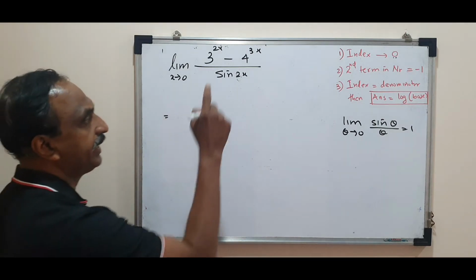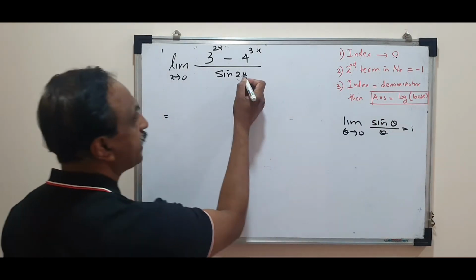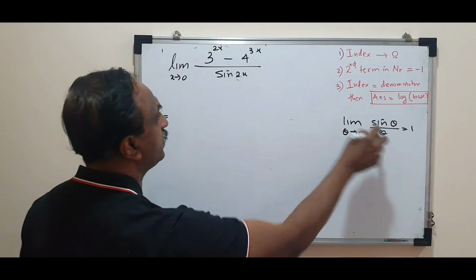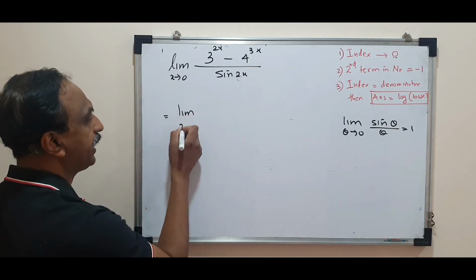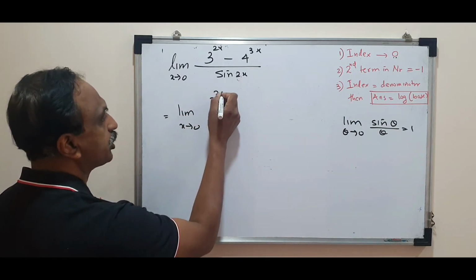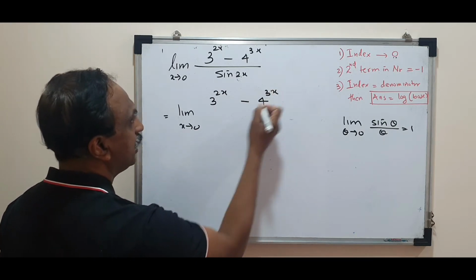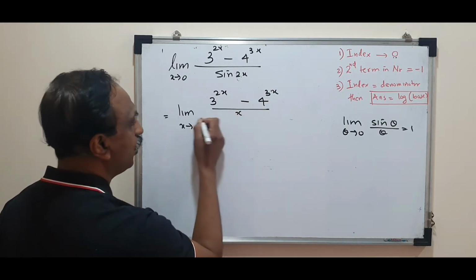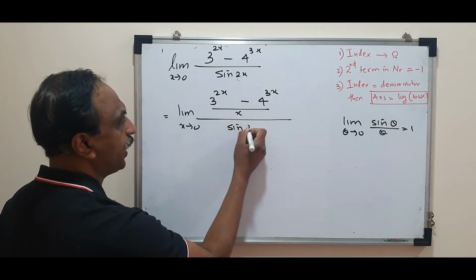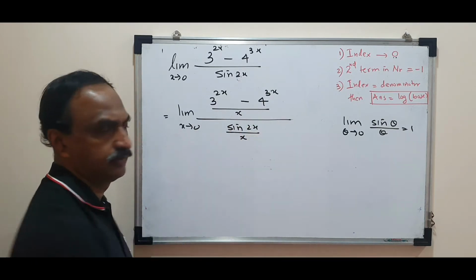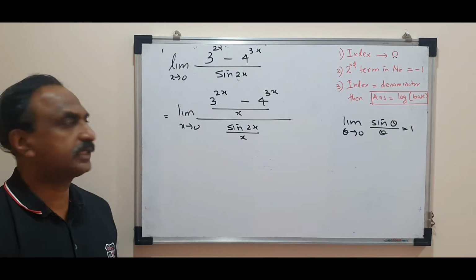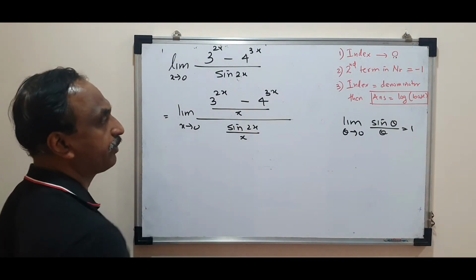We need to apply this formula. So I need a theta, which means I need a 2x in the denominator. So I am first going to bring an x. So (3 raised to 2x minus 4 raised to 3x) divided by x, whole divided by sin 2x divided by x. So this I have done. Next I have divided numerator and denominator by x.